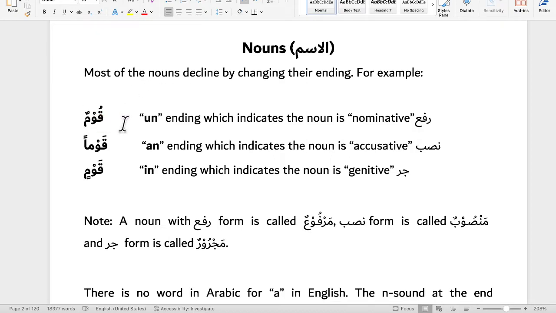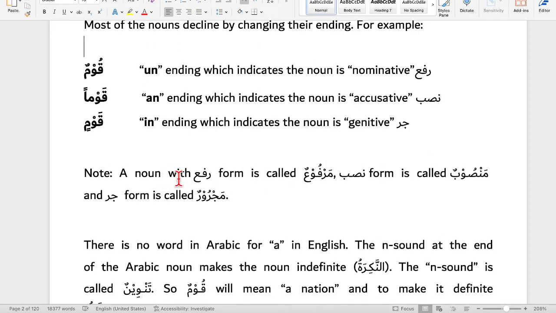So kaumun is the un ending, which indicates the noun is in the rafa form, or the nominative form. Kauman, un ending, indicates the noun is in the nasab form. Kaumin, in ending, indicates the noun is in the jar form. In English we call it nominative, accusative, or genitive.